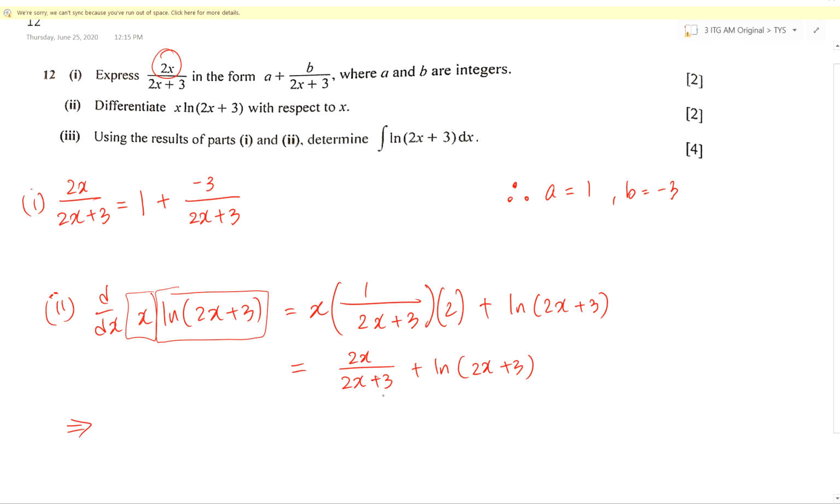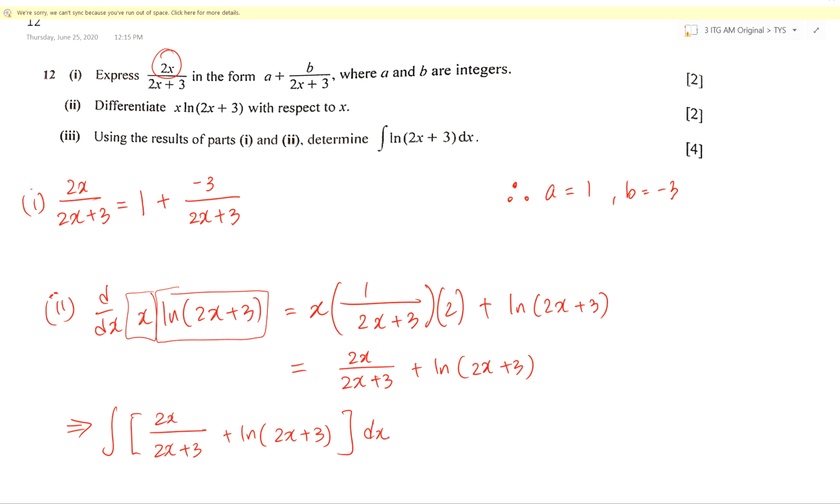So if I were to integrate 2x over 2x plus 3 plus ln(2x plus 3), if I integrate the right hand side, the result will be integrating the left hand side. But remember, on the left hand side, we originally have the derivative of x ln(2x plus 3).